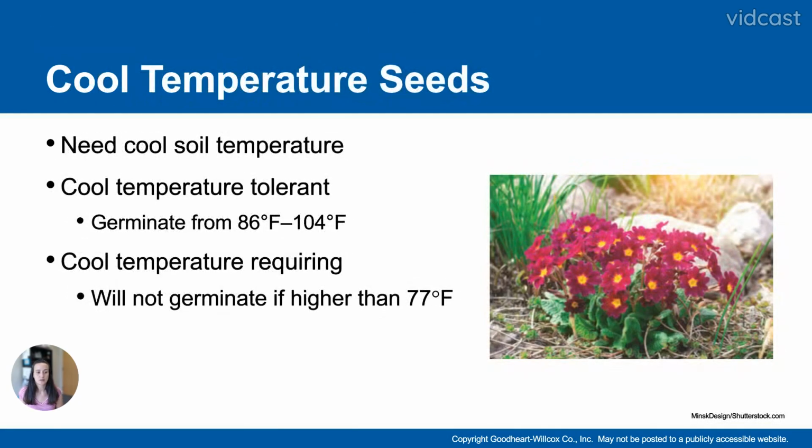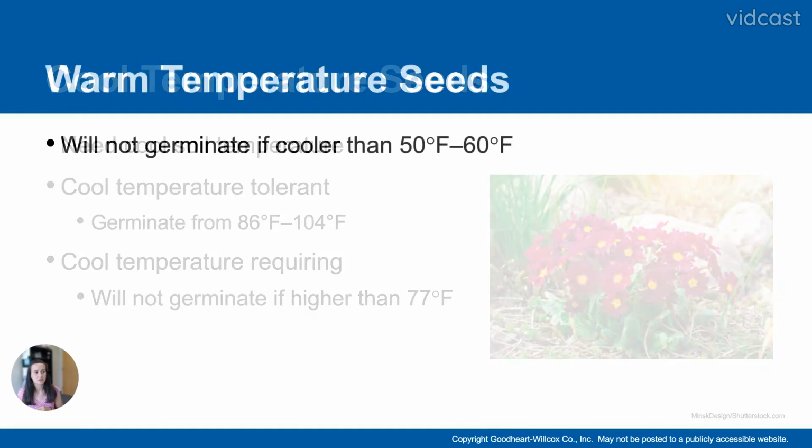Those cold-tolerant species are going to germinate anywhere from 86 to 104 degrees Fahrenheit, which is typically pretty warm, so it's tolerant of that, it can handle it. Now, if it requires a cool temperature, it will not germinate if the temperatures are higher than 77 degrees Fahrenheit. So you're going to have to keep it below that in order for that seed to actually grow.